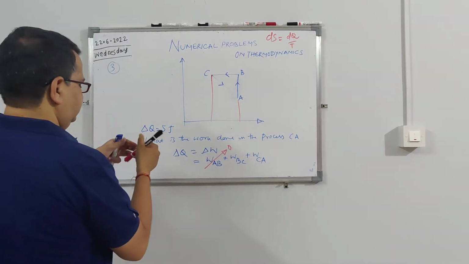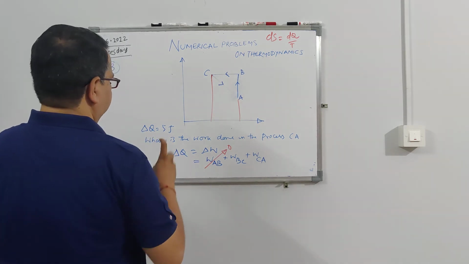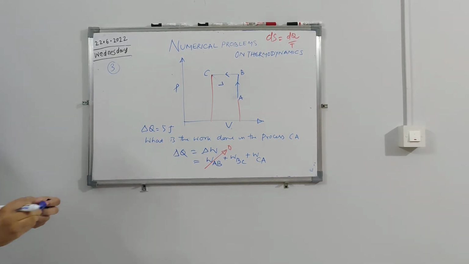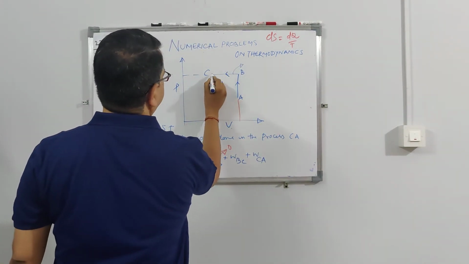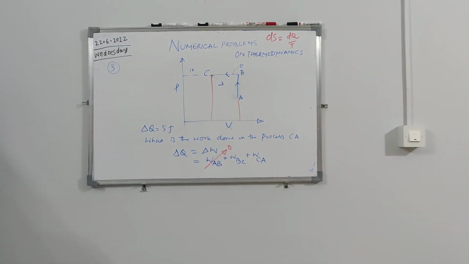Actually, this is P and this is V, right? The question is a little bit wrong. This is pressure, this is volume. So the pressure is 10. Let us say pressure is some 10 unit.